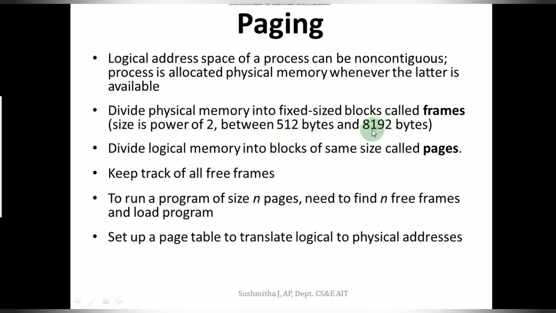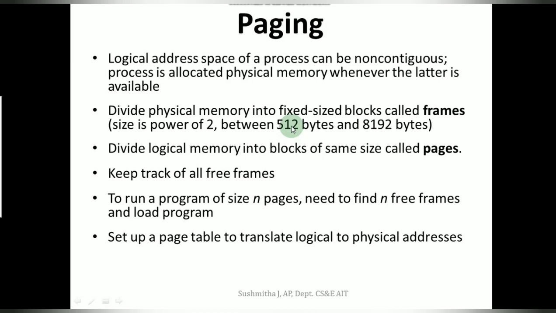What do I mean by the frame size being a power of 2? The size of a single frame can be 512 bytes. The next possible size it can take is 1024. I cannot have a frame size or a page size like 600 or 700.